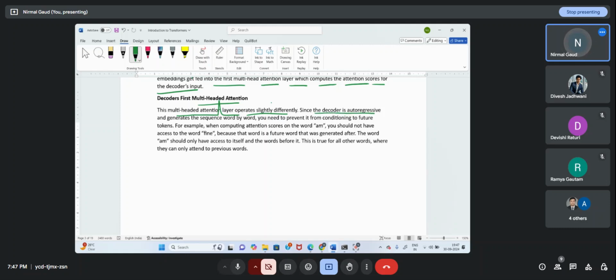Since the decoder is auto-regressive and generates a sequence of word by word, you need to prevent it from conditioning to future tokens. इसका वर्किंग इंपॉर्टेंट है. IMP. ओके, IMP वाई? बिकॉज ऑटो रिग्रेसिव है, प्रिडिक्शन करना है इसे, नेक्स्ट वर्ड प्रिडिक्शन करना है इसे.